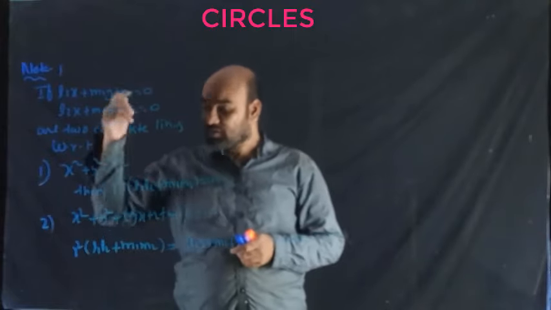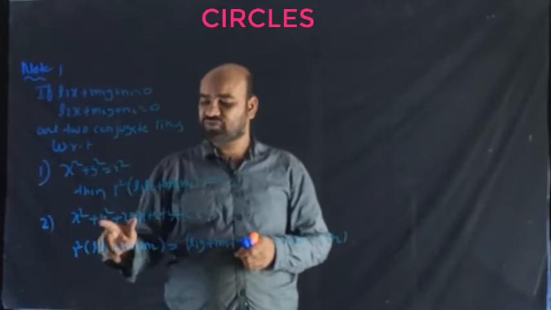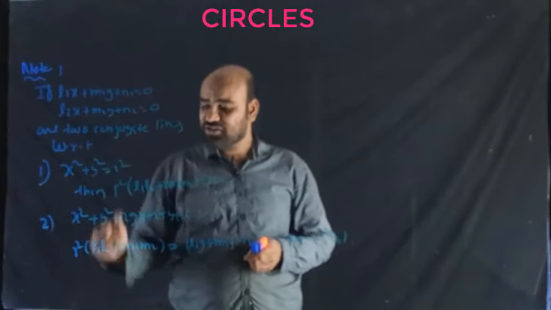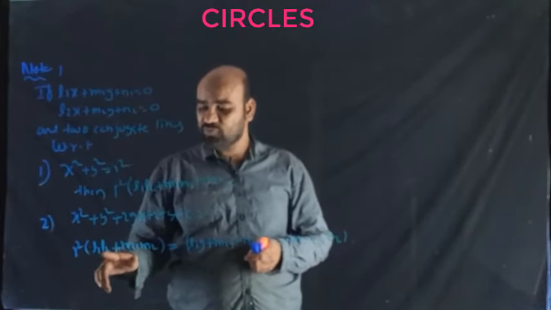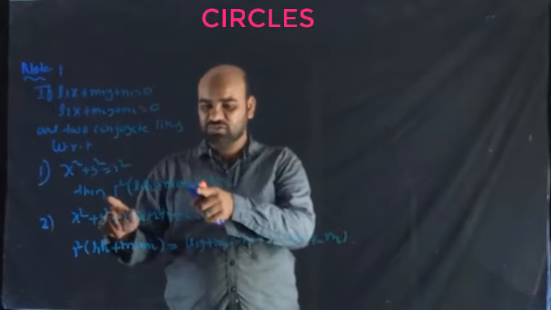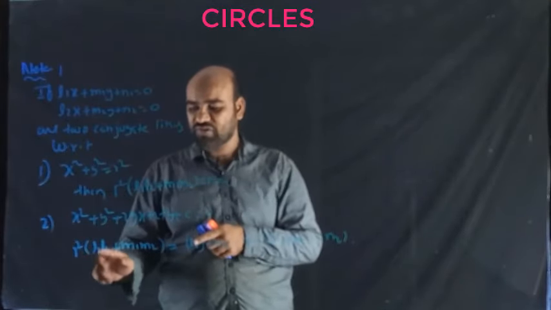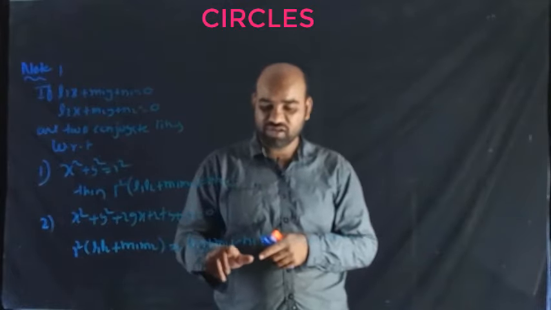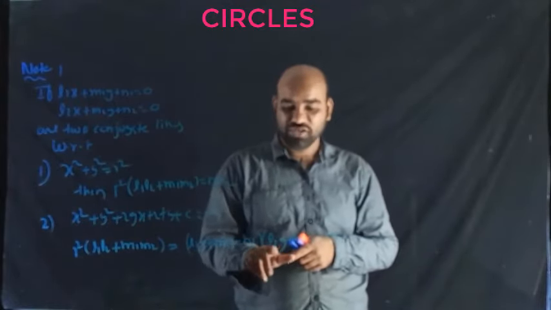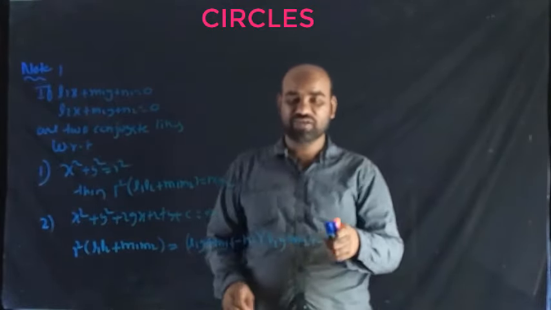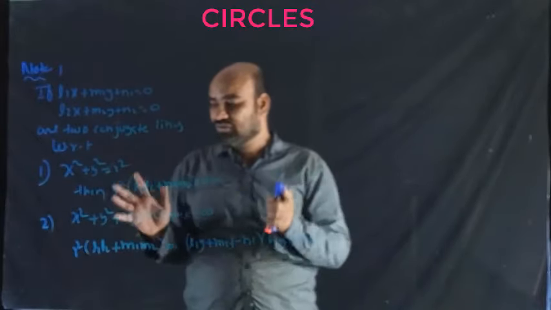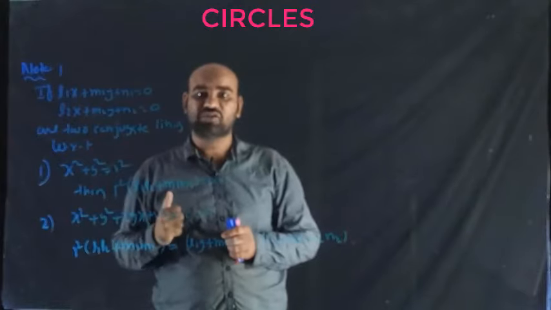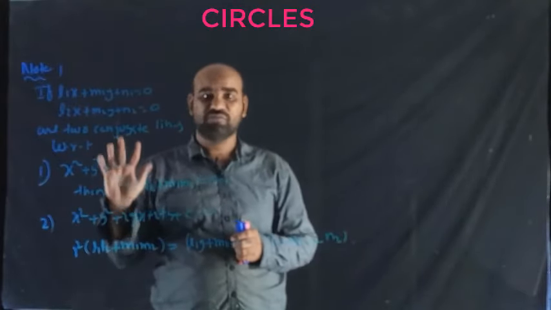For the general circle x square plus y square plus 2gx plus 2fy plus c equals 0, the condition is r square times (L1 L2 plus M1 M2), same, this portion is same, equals (L1 G plus M1 F minus N1) into (L2 G plus M2 F minus N2). So this is the condition for these two lines to be conjugate lines for the general circle.